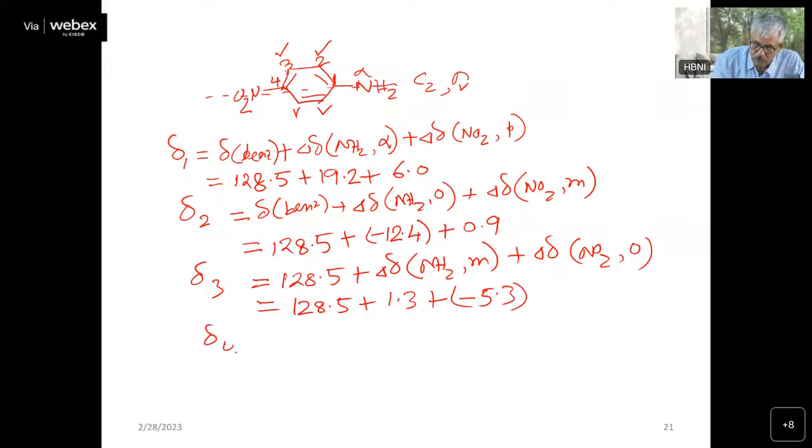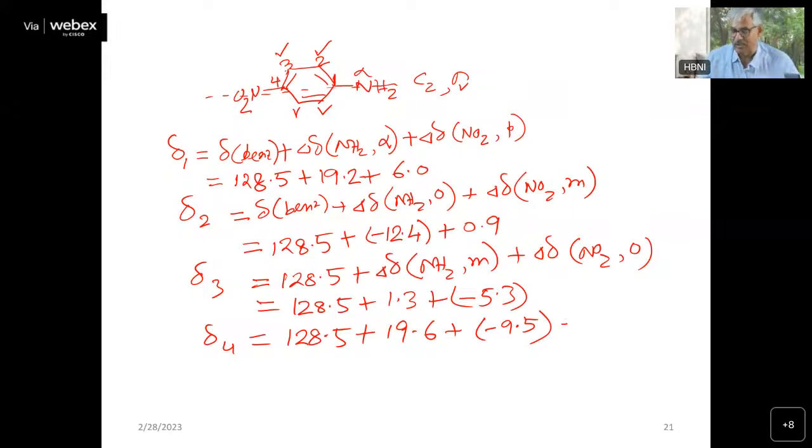And delta 4 is equal to, again, 128.5, and if you do it that way, you will get this value. This is the substituent plus minus 9 point. You see how I have done it. So this will be the value due to the alpha, and you can calculate.